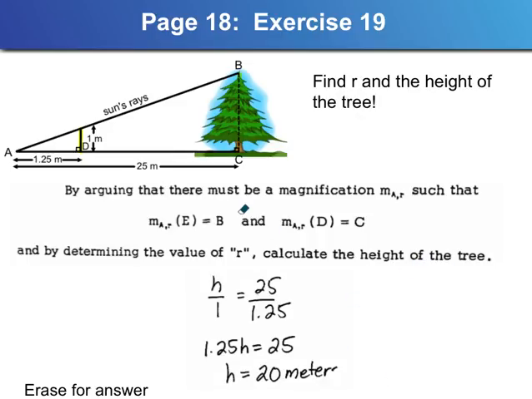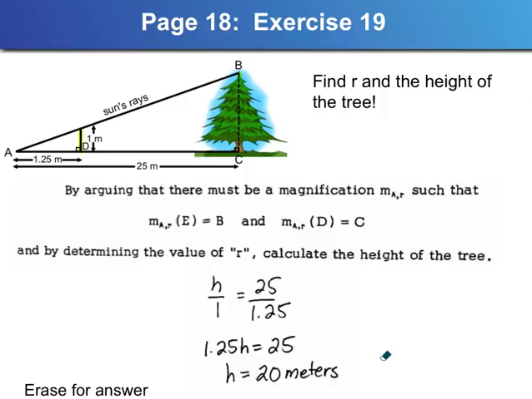So I knew there was a magnification, and since that was the case, I knew that the height of the tree over the height of the meter stick has to be equal to the distance from A to C, 25, over 1.25. So then I was able to cross multiply and solve for H. So I found that the height of the tree was 20 meters.